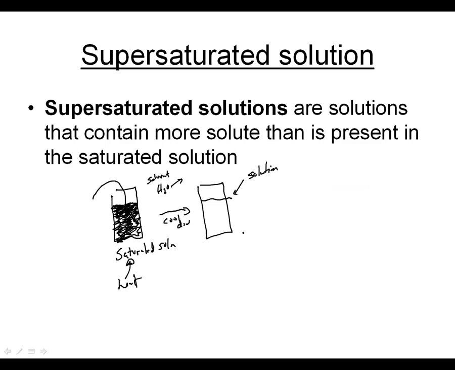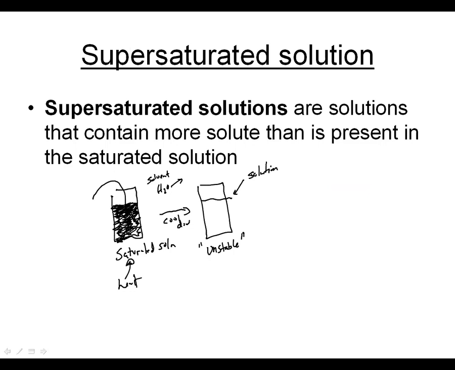It is so unstable that you literally could just tap the test tube, and that could be enough to cause all of the solid to basically come out of solution. It's so unstable.